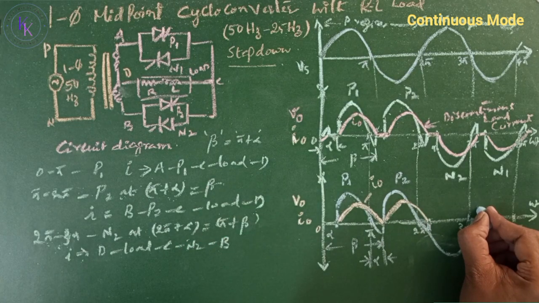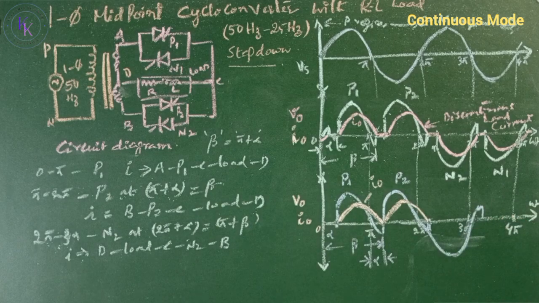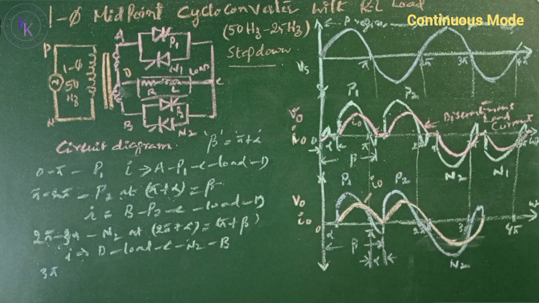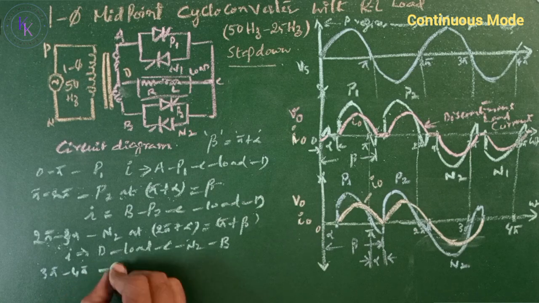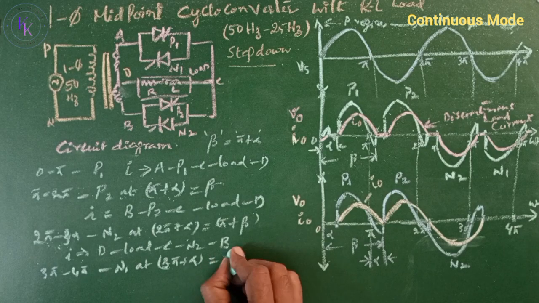And again we'll be getting a negative peak here, and that is due to the inductor. This is due to N2. And the current in between 3 pi and 4 pi, N1 is turned on at 3 pi plus alpha, which equals 2 pi plus beta.